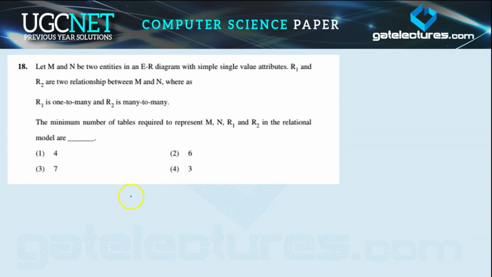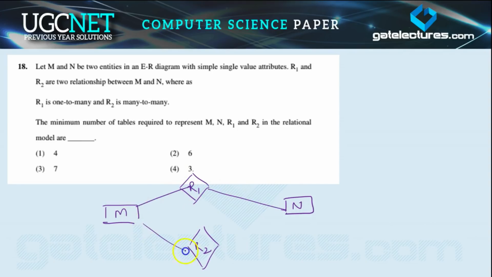Now question number 18. Let M and N be two entities in an ER diagram with simple single-valued attributes. R1 and R2 are two relationships between M and N, right? So M is one entity and N is another entity, and there is a relation between these two entities, and the relations are R1 and R2, combined like this.